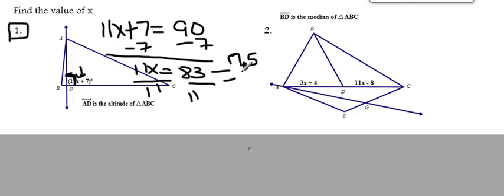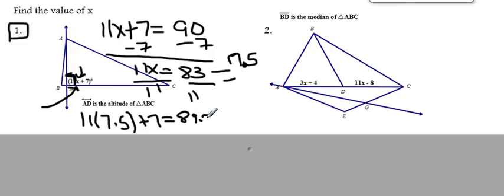And then when we check our work, we're going to substitute the x back in. We're going to take 11 times x, which we said was 7.5, plus 7. And because we rounded, we're going to get approximately 90 degrees. So 11 times 7.5 plus 7 gives us 89.5, which, because we rounded, is pretty close to 90, so we can assume that we did this right.